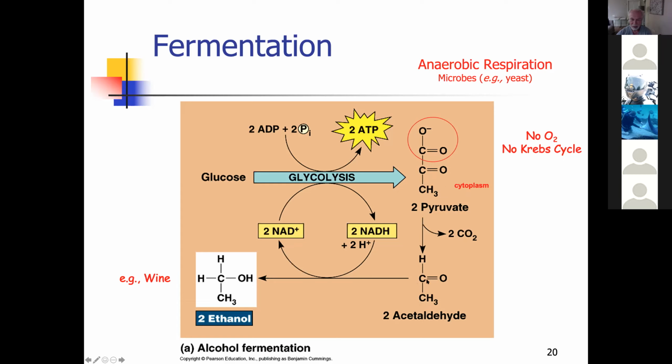And acetaldehyde then is hydrogenated to ethanol. 2 protons from glycolysis are added on to acetaldehyde here and here to make 2 molecules of ethanol, for example, wine. So when there's no oxygen, there's no Krebs cycle, and pyruvate goes, instead of the Krebs cycle, it goes to acetaldehyde and then to ethanol, and that's the end.